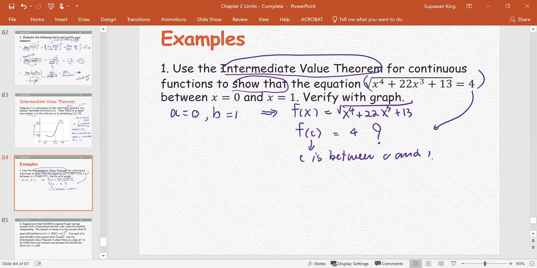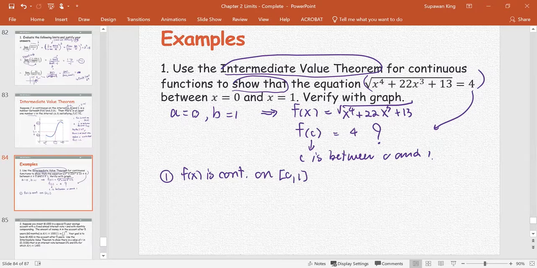By using the intermediate value theorem, number one, the function has to be continuous on the closed interval [0, 1]. The first thing that you can do to check is to look for the domain. But this one, since you have the square root, which is a radical with an even index, you have to set up the condition that the radicand is greater than or equal to 0, and then solve for x.